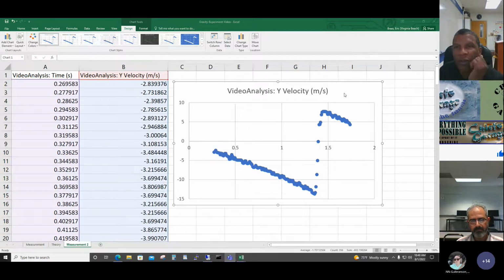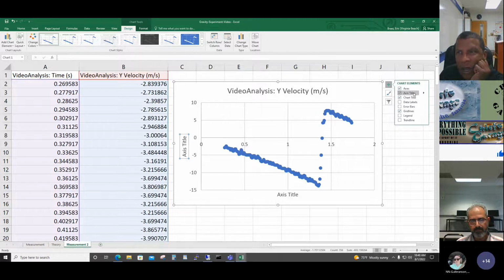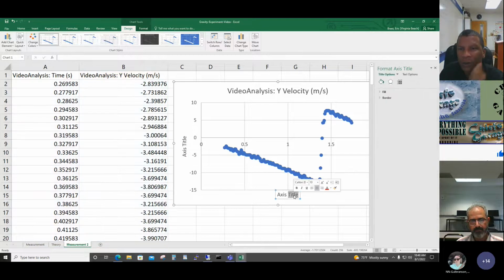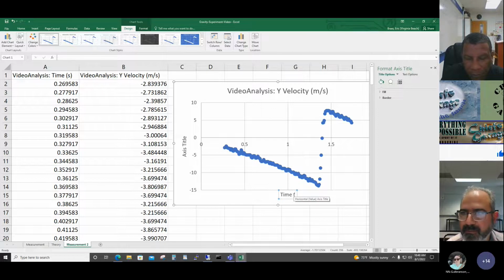All right. So now the first thing we talked about before was adding titles. So I'm going to add the chart titles here. The first chart title is going to be what's happening in the vertical. The horizontal axis: what's our measure? Time. And that is in minutes, seconds, hours? Seconds. Excellent.